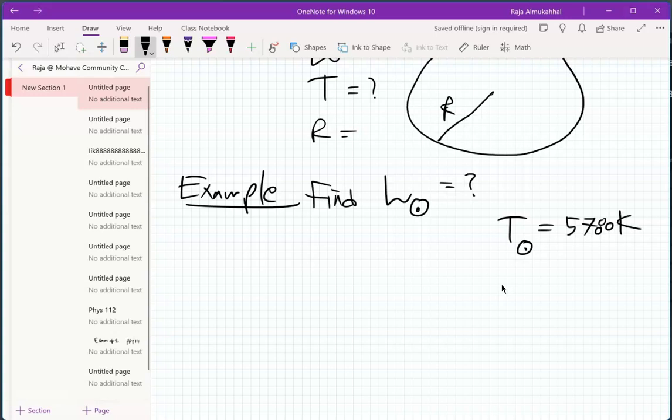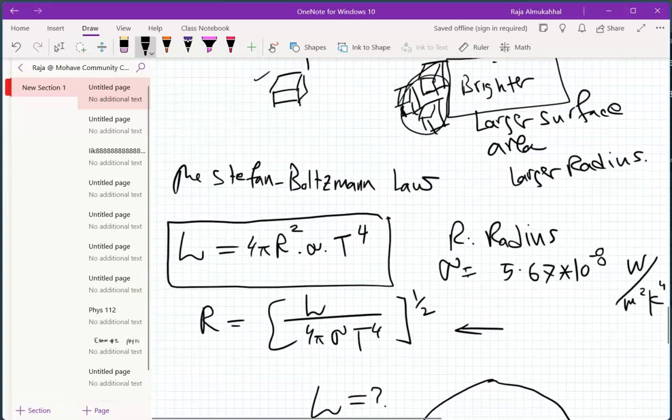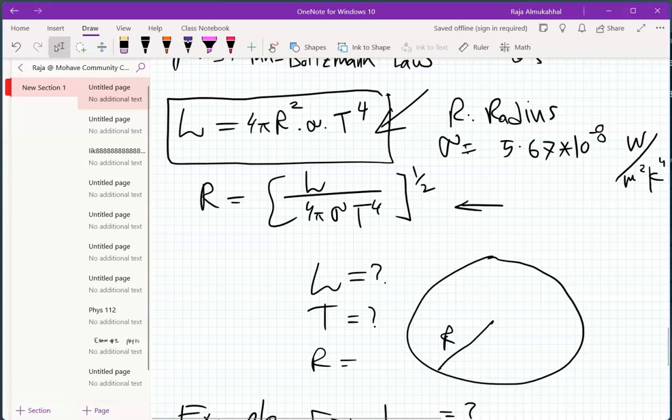We know that the radius of the sun is 7 times 10 to the 8 meters. Again, we are approximating it; it is 6.8 something. So with this information, we can use the Stefan Boltzmann law. The luminosity is equal to, here is the formula right here. Maybe I should use a different color.